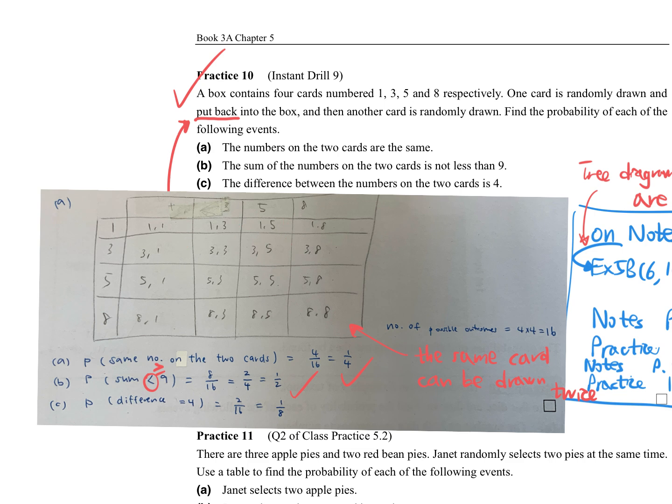But in any case, luckily, those are the same answers. So it's 1/2. And finally, difference equals 4. Difference equals 4 involves these two cases. So 1/8. So far, so good, I guess.